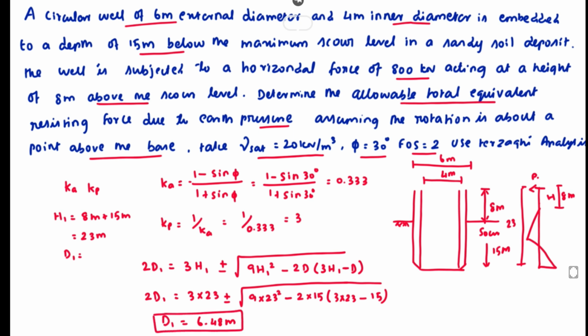After that we can find out the Q max, and after that the QA. The formula for Q max is half into gamma dash into D into Kp minus Ka into D minus 2D1.